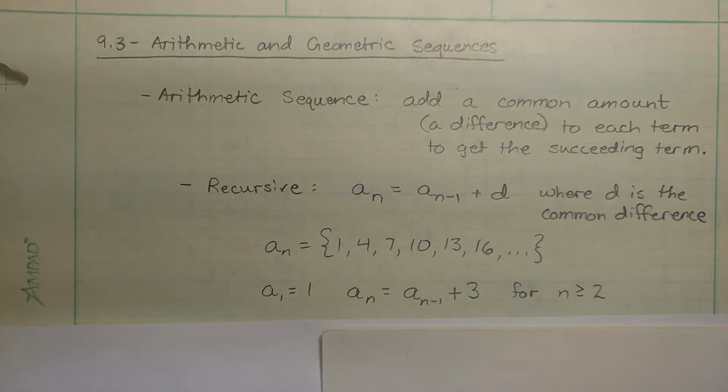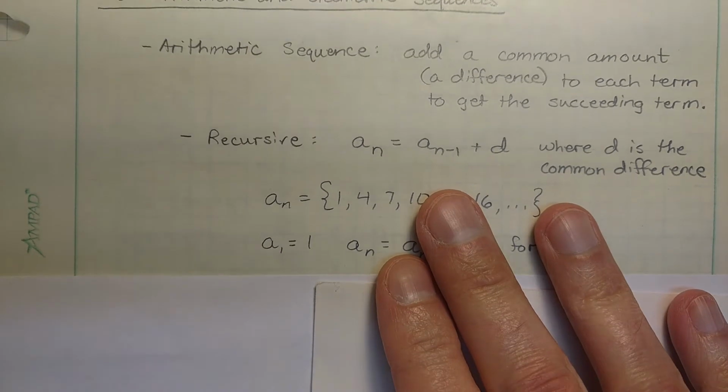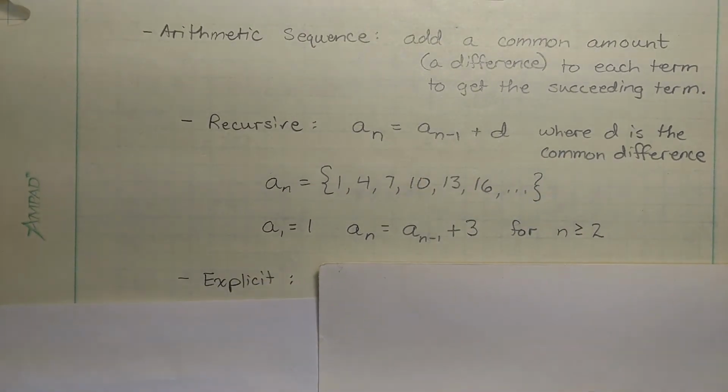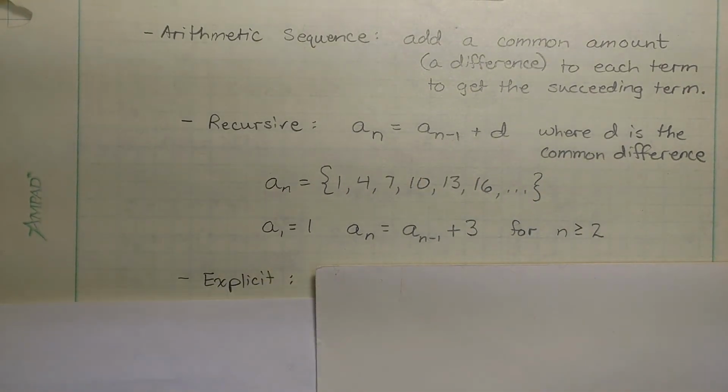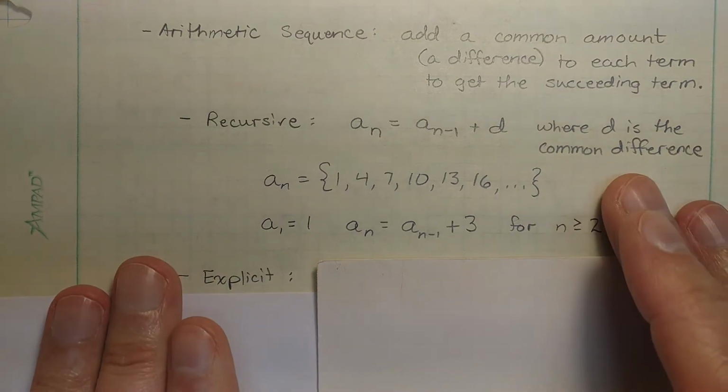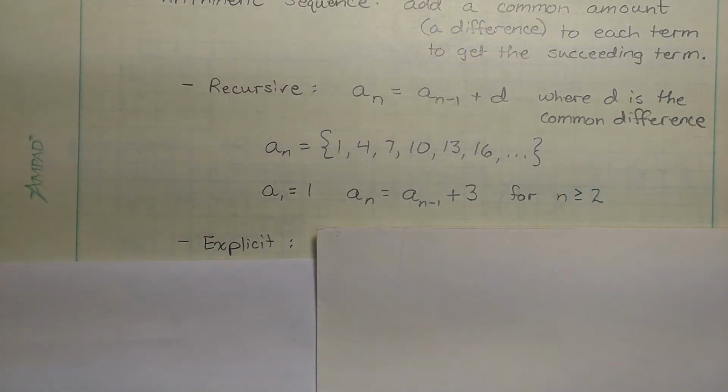All right, so let's look at defining one explicitly. It's a little bit more difficult to use the explicit rule, but the explicit rule becomes more valuable because we can instantly find something like the 100th term.